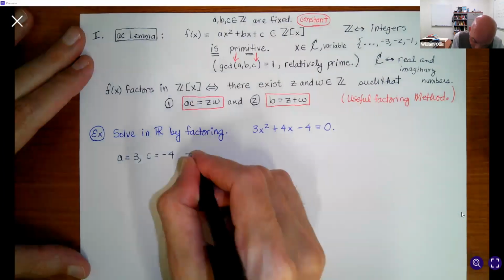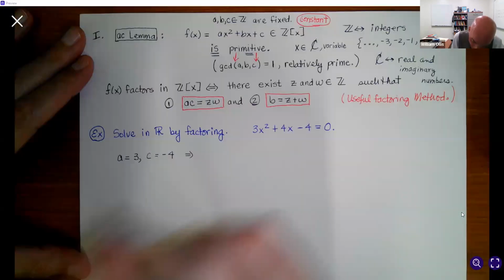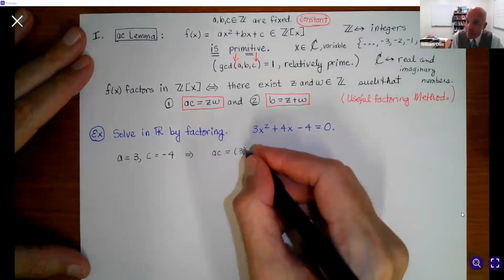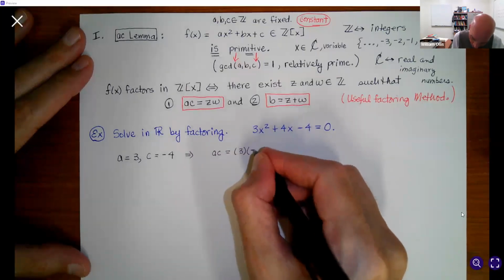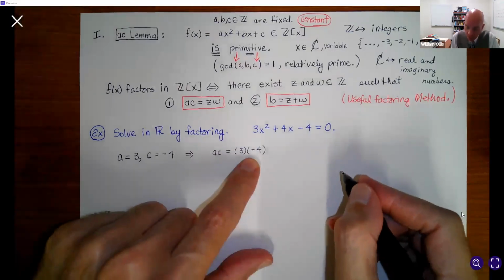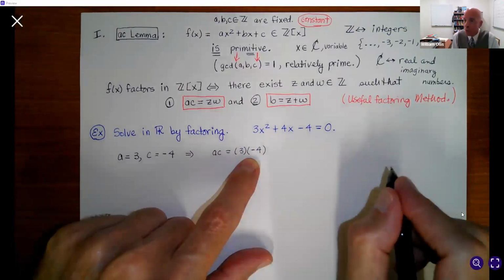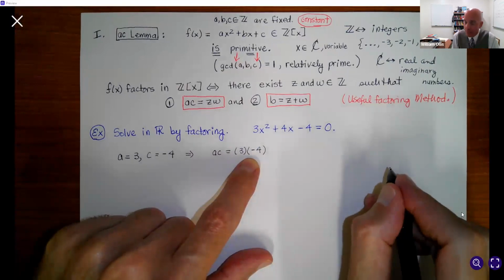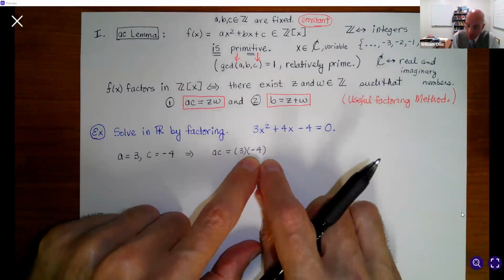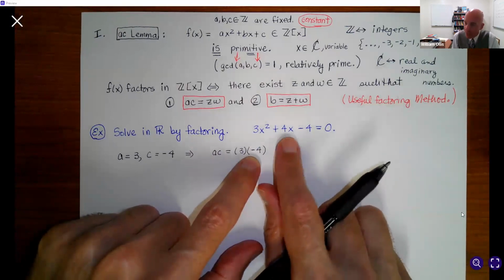So now this implies AC equals 3 times -4. Now, one thing we want to notice here is that there's no need to move forward until we check to see what we have initially. If we look at the sum here of 3 and -4, we get -1, and that's clearly not 4.